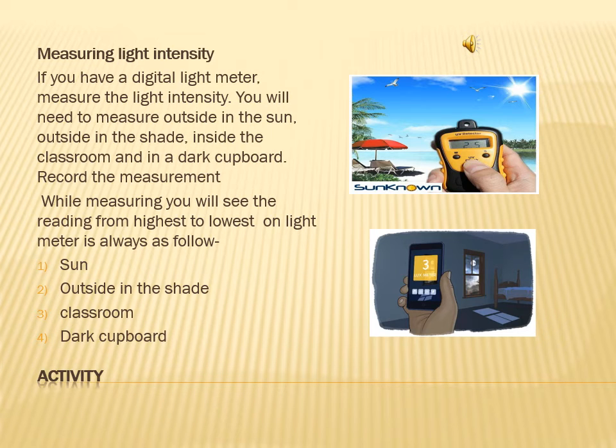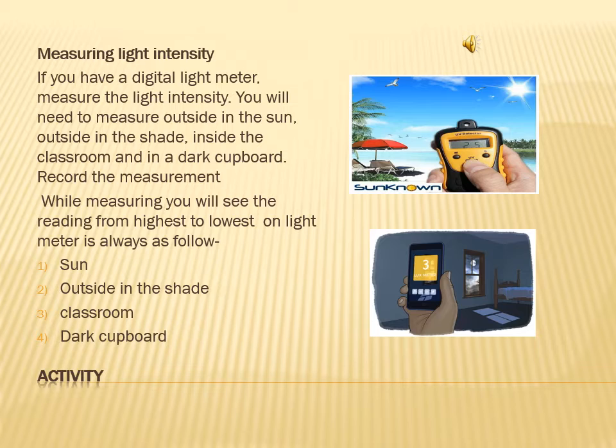We will start with the activity right now, a small activity on measuring light intensity. We need a digital light meter, which helps us to measure the light intensity. The places we are going to choose are a place outside in the sun first, second would be outside in the shade, the third one would be inside the classroom, and a dark cupboard would be the fourth one.